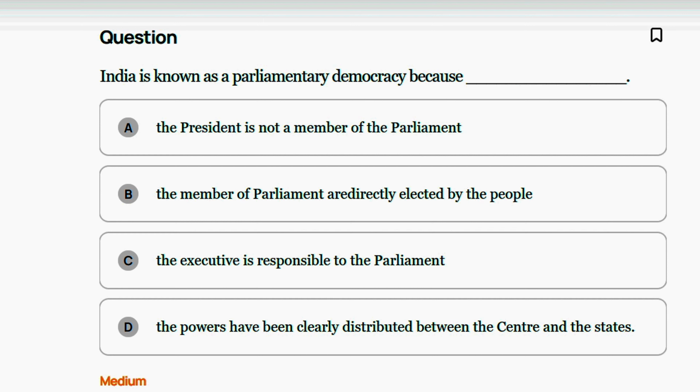India is known as a parliamentary democracy because the executive is responsible to the parliament. Yes, this is the correct answer.